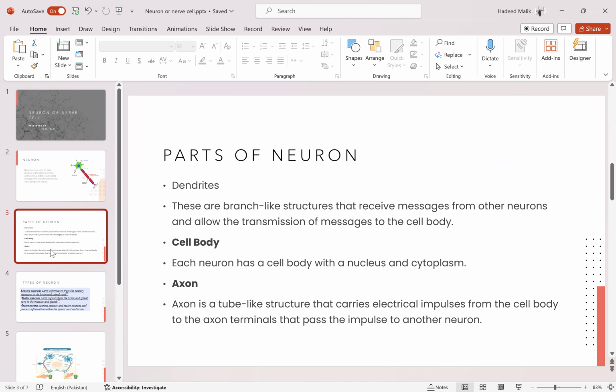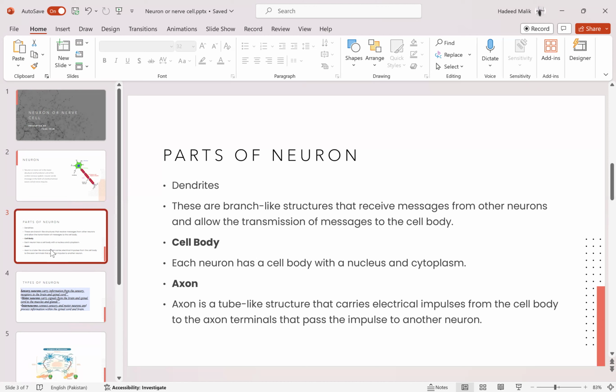So what are dendrites? These are branch-like structures that receive messages from one neuron and allow the transmission of the message to the cell body. The transmission of the message is always in the form of electrochemical signals, which is the nerve impulse. Each neuron has a cell body with a nucleus and cytoplasm.